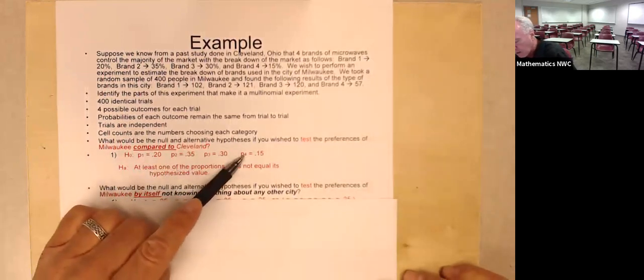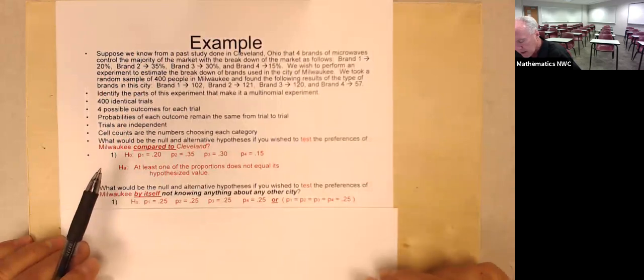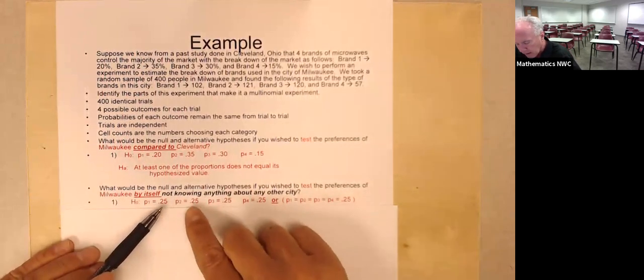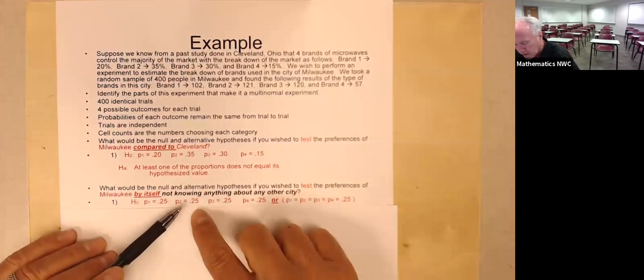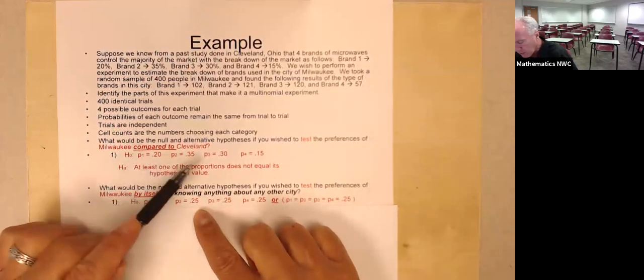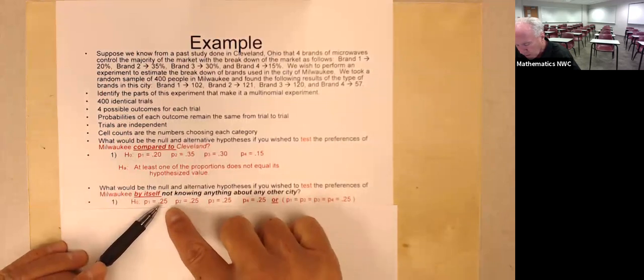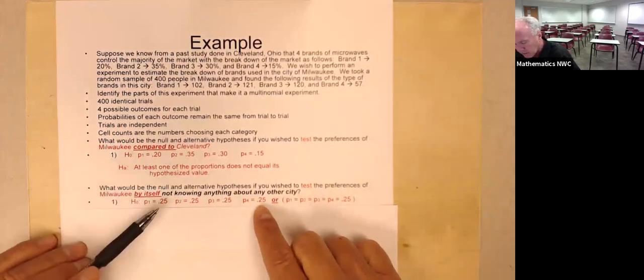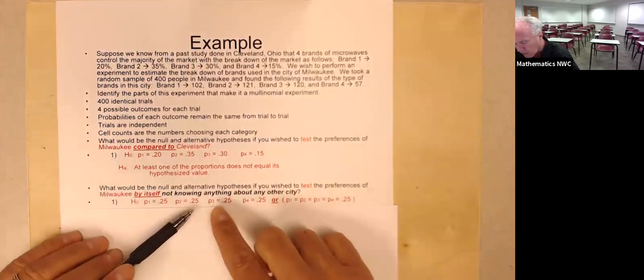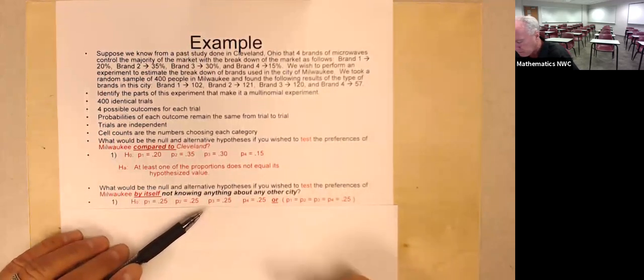Because there's 4 of them, that means I would start off assuming all of them get their share of the market, 25%. If there were 5 of them, all of these would be equal to 20%. If there were 3 of them, all of these would be equal to 33 1/3%.